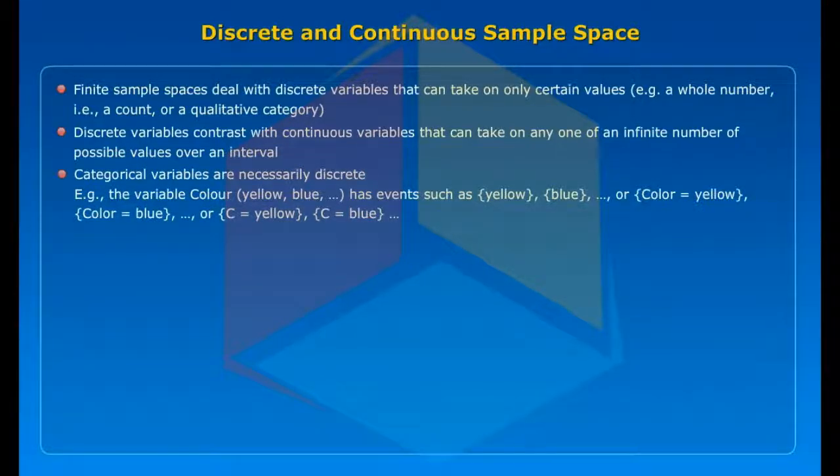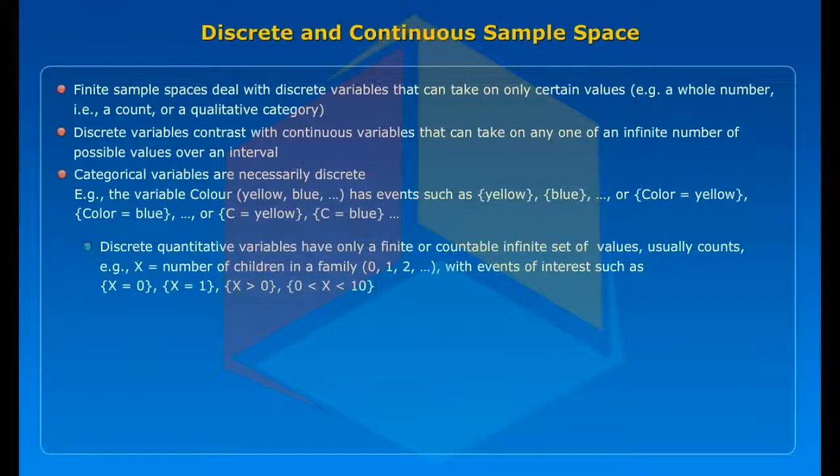Categorical variables are necessarily discrete. Example, the variable color, yellow or blue, has events such as yellow, blue, or color equal to yellow, color equal to blue, or C equal to yellow, C equal to blue. Discrete quantitative variables have only a finite or countably infinite set of values, usually counts.